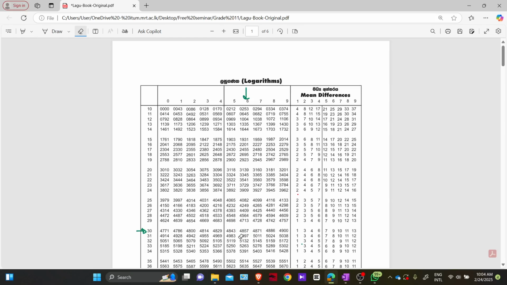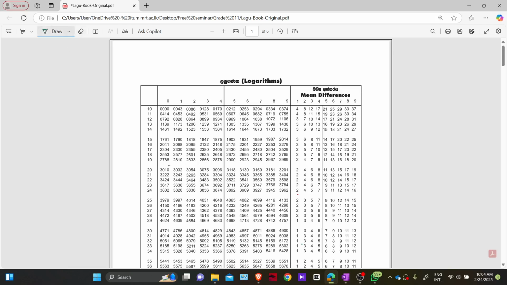Where are you, buddy? 2788 is there. 11 remaining. 11 is here. The column 5 is there. Main column 0. Under the category 1.9. This is not 19. This is printed as 19, but you need to remember this is exactly 1.9. Right?